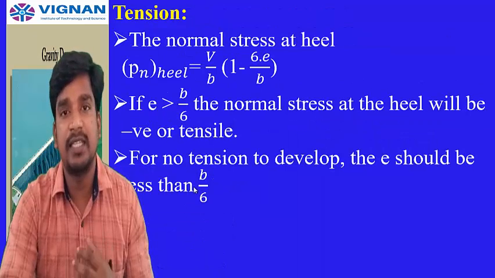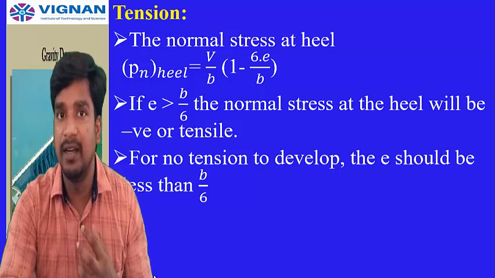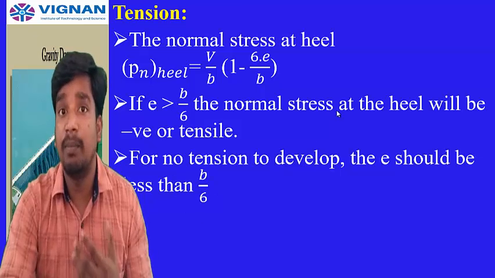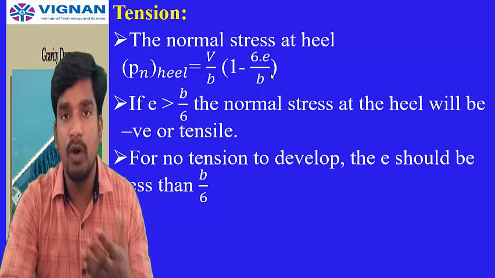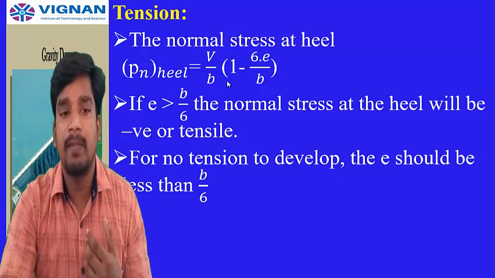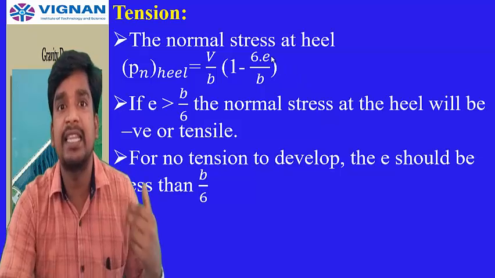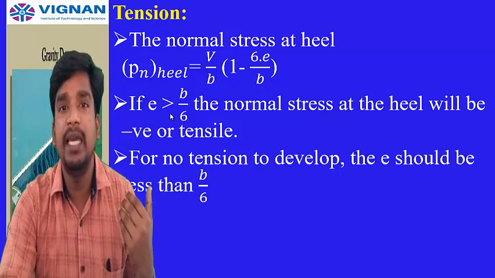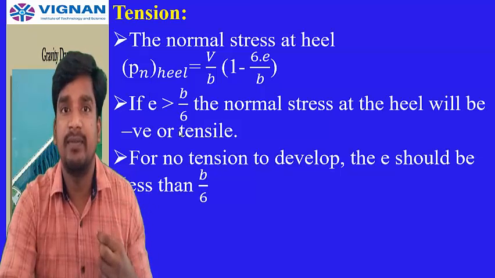Final failure is due to tensile force. How is tensile force developed? As we have discussed, at heel there is a development of tensile forces, which is Pn at heel, that is V by B into 1 minus 6e by B. Suppose, as we have discussed, if e is greater than B by 6, the normal stress at the heel will be negative or tensile.